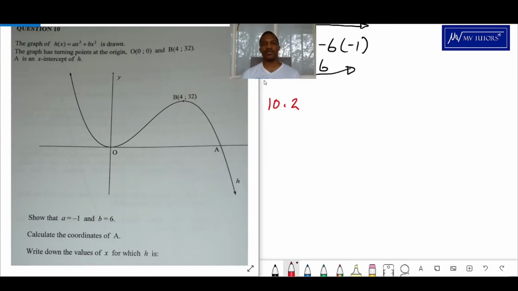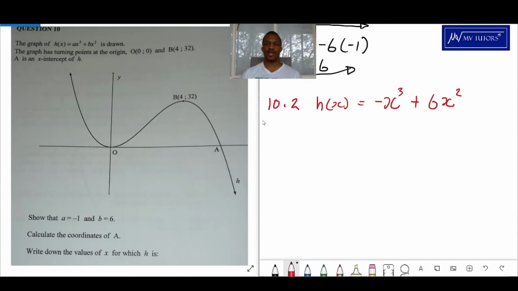So what do we know so far? We know that h of x is equal to, a is minus 1, so it's minus x cubed, and we know b is equal to 6, so plus 6x squared.